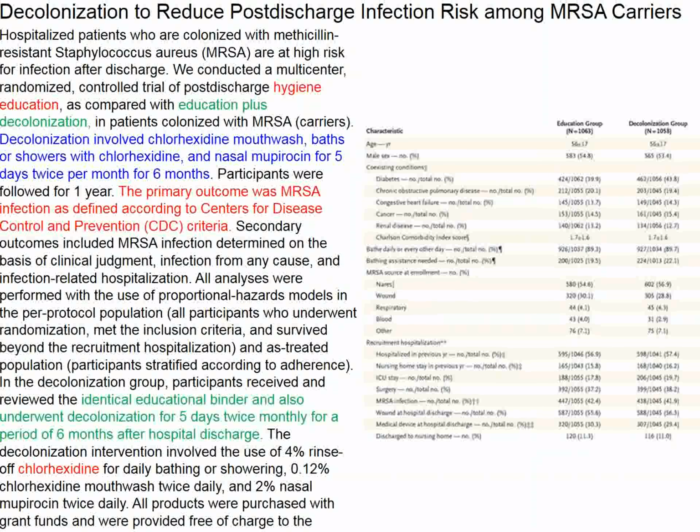Would it decrease active MRSA infections? Would a very aggressive prophylaxis against MRSA be better than education alone?